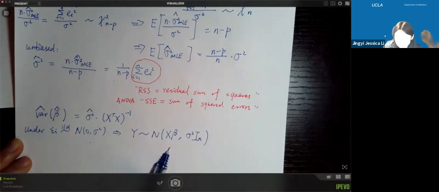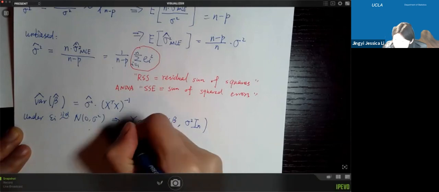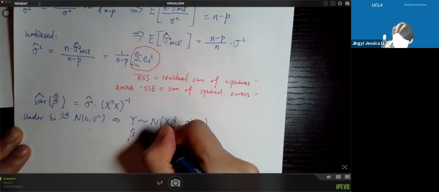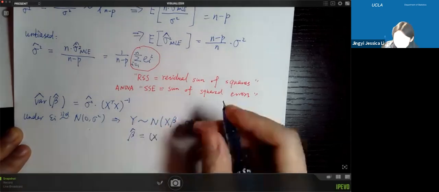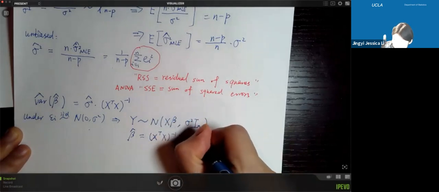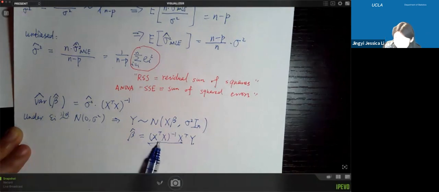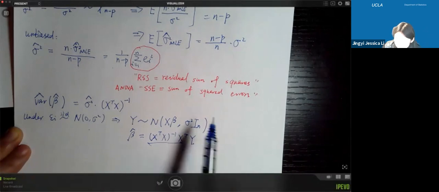Then given that beta hat is just a linear transformation of y, X transpose X inverse X transpose y, and this part is fixed, I can multiply this in and do the transformation.